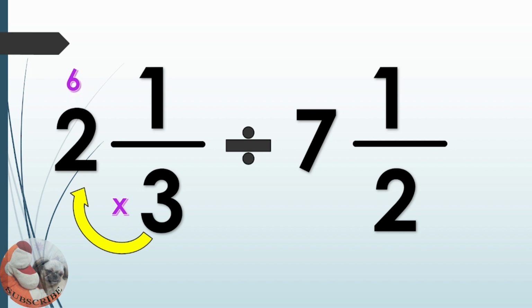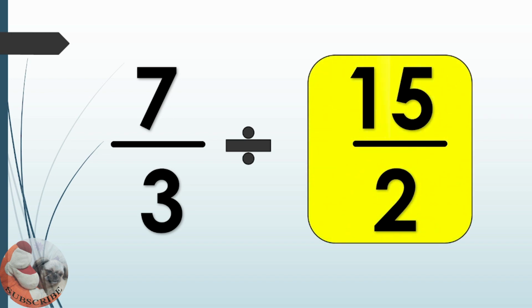Then add the numerator. 6 plus 1 is equal to 7. So 2 and 1/3 will become 7/3. Then multiply 2 by 7. 2 times 7 is equal to 14. Then add the numerator, plus 1. So 7 and 1/2 will become 15 halves.